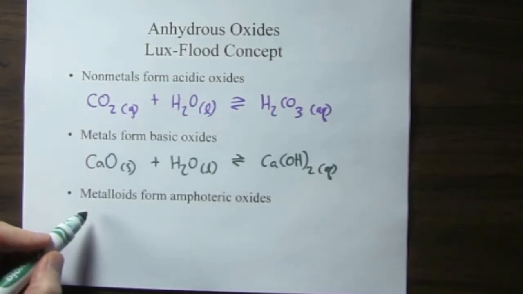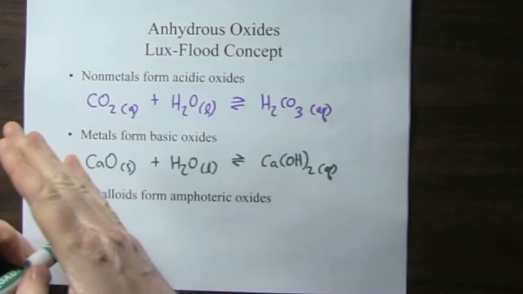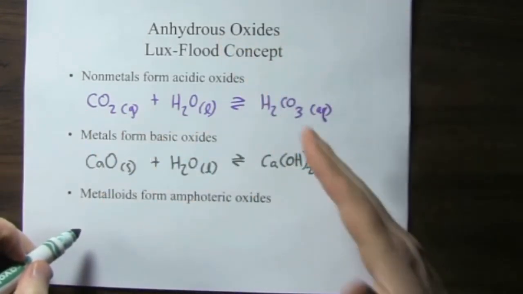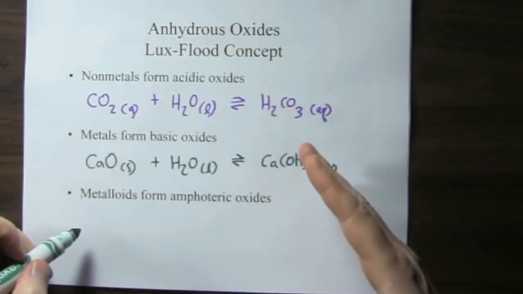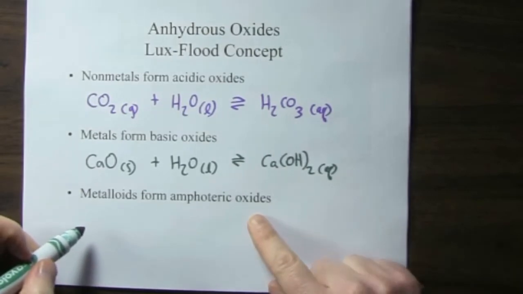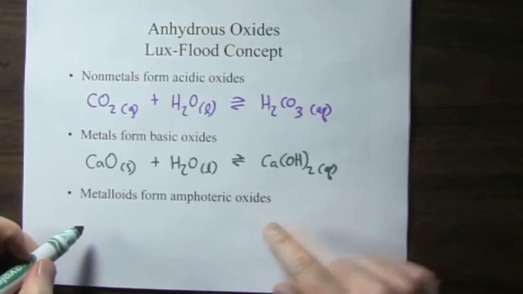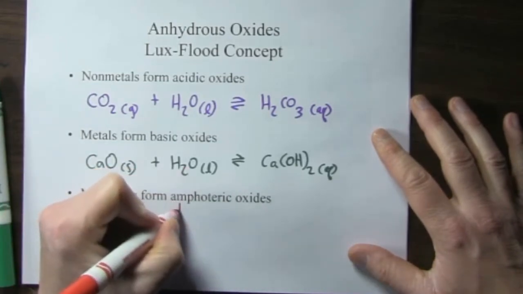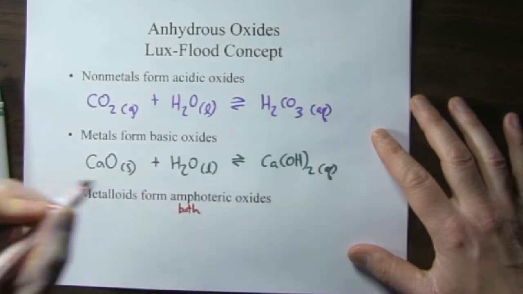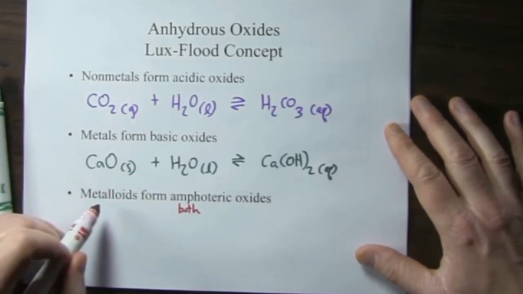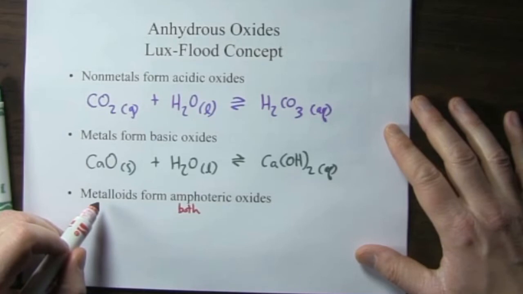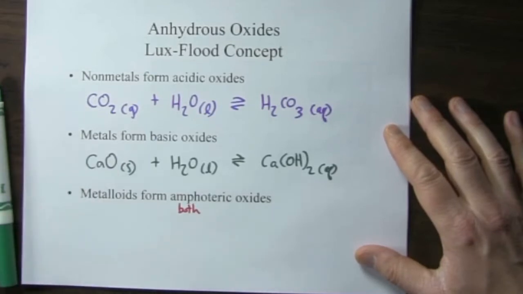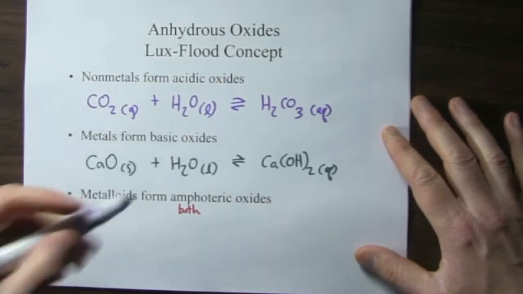Now what about that region in between on the periodic table as you go across from metals to nonmetals? There's that region where there's the metalloids. And these tend to form amphoteric oxides. Amphoteric means both. It's Greek. So a metalloid oxide will act as both an acid and a base. So let's look at an example of this.